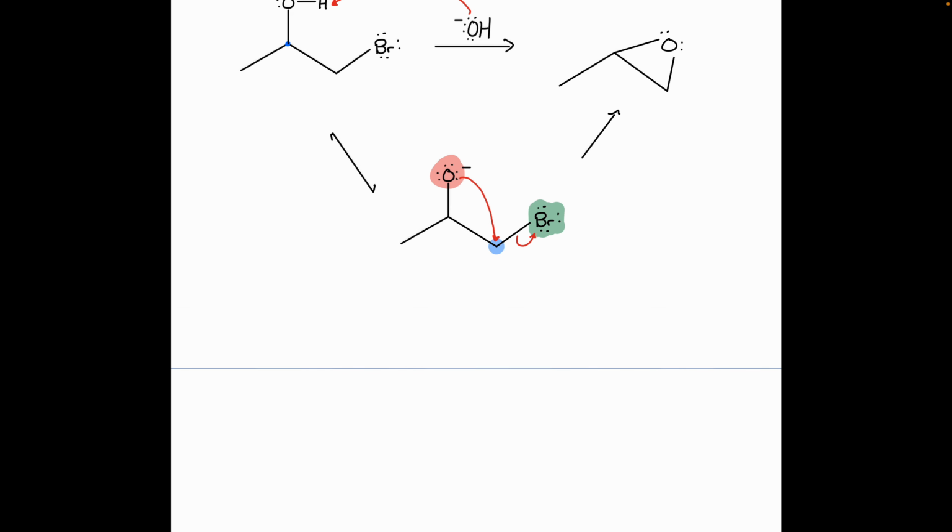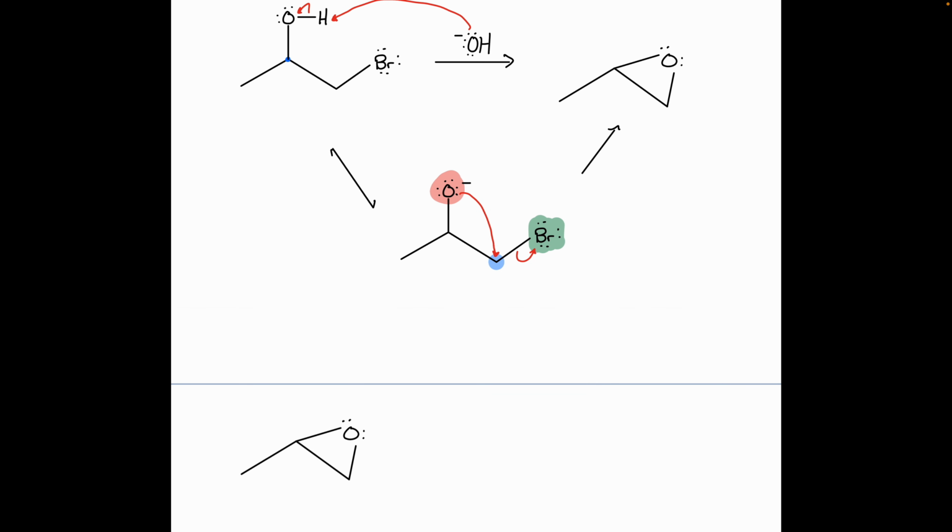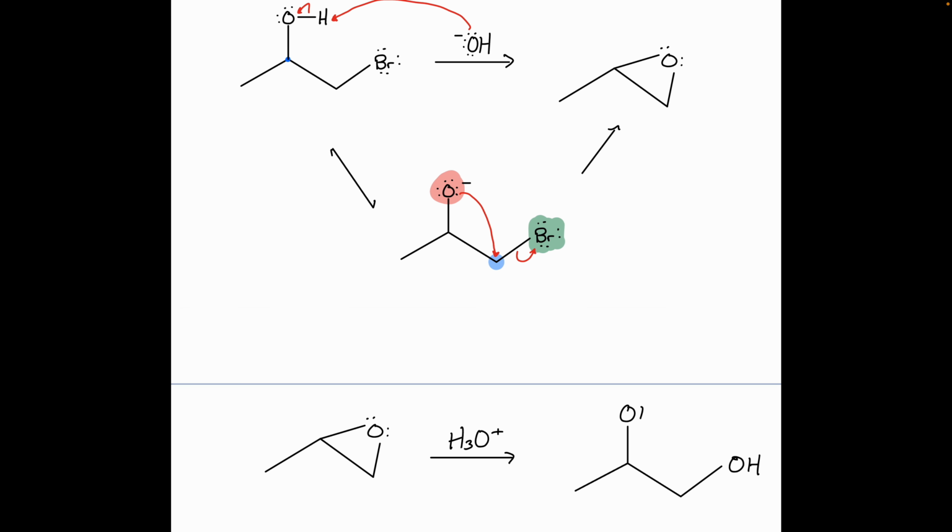I'm just going to tell you straight up, there was one more step here, of course, to get our diol, where we treat our epoxide with a dilute acid. We are going to spend an entire chapter on epoxides next semester, so I'm going to kick the reaction mechanism for this particular step until then.